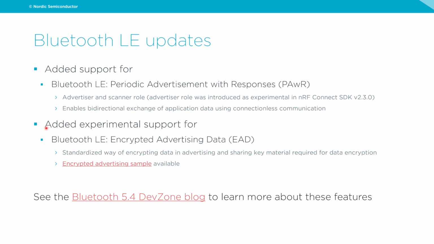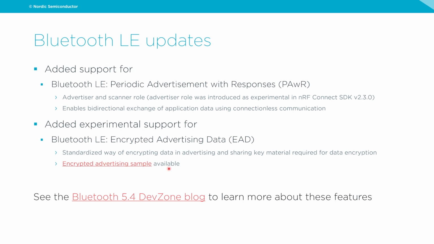We've also added experimental support for encrypted advertising data. This feature brings a standardized way of encrypting data in advertising, and it applies to both extended advertising as well as legacy advertising. It also defines how to share the key material that is required for the data encryption. For this feature, there is also a sample available in the SDK, so you can look at the documentation following this link.